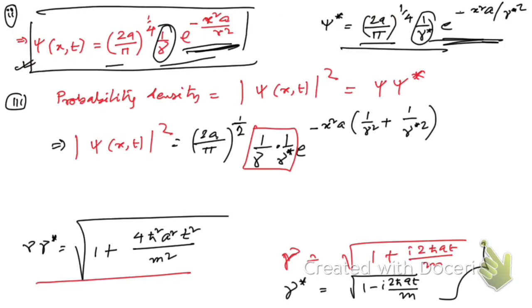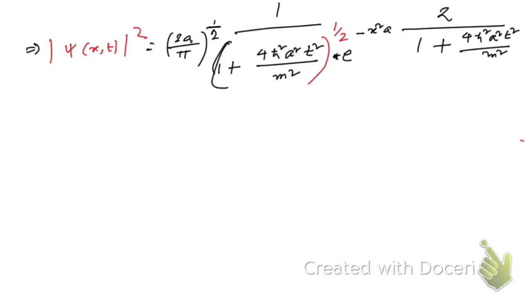So here you see, so this is gamma into gamma star. Here we have 1 by gamma and 1 by gamma star. So if we put this one here, then 1 by this should be written. Okay, so hope you have understood this.